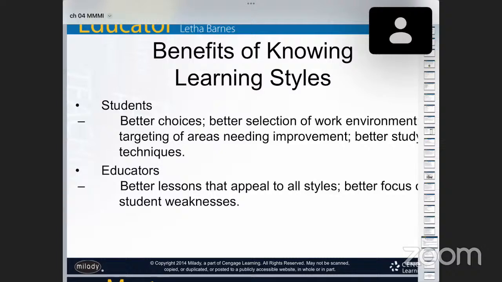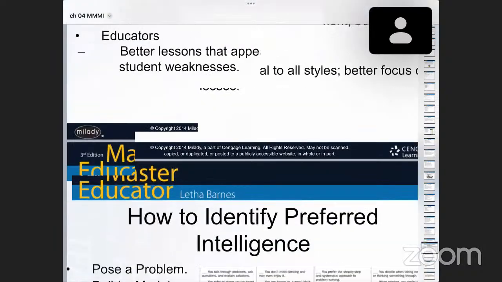When it comes to educators, we're going to create better lessons. That's it. We teach better. And we can find the student weaknesses, and instead of calling them out on those, we learn to teach into their strengths. So we turn those weaknesses into strengths.